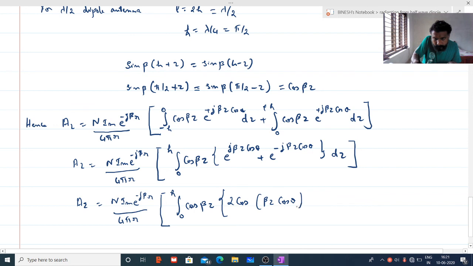That is, e raised to j beta z cos theta plus e raised to minus j beta z cos theta is nothing but 2 cos of beta z cos theta, into dz.